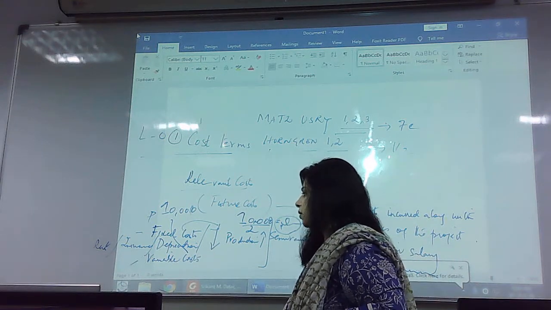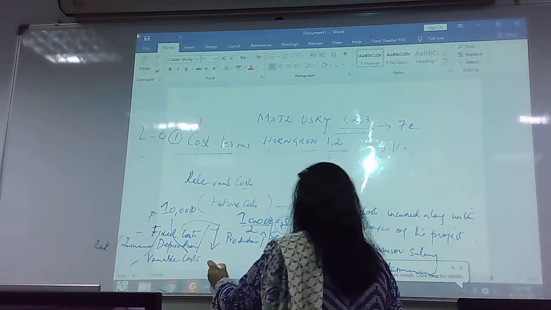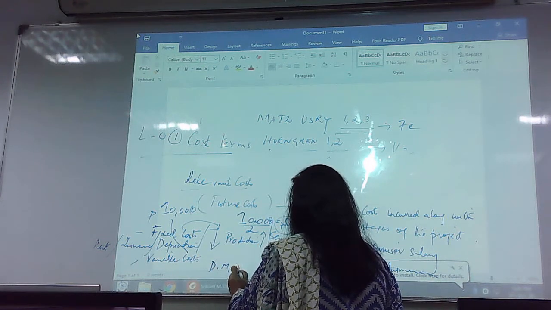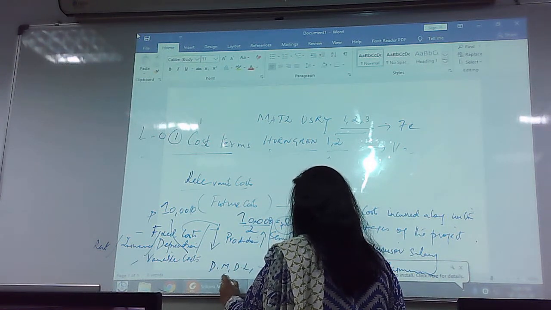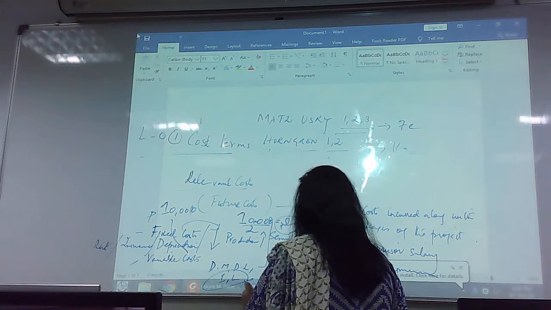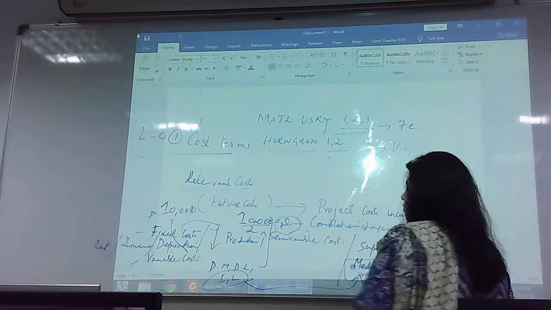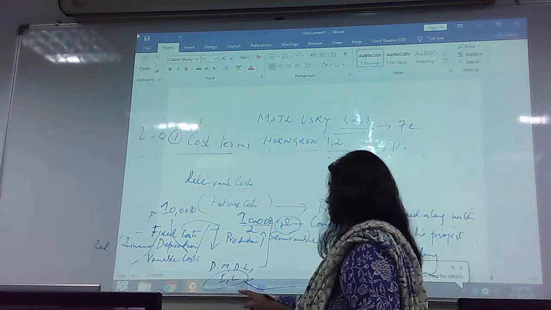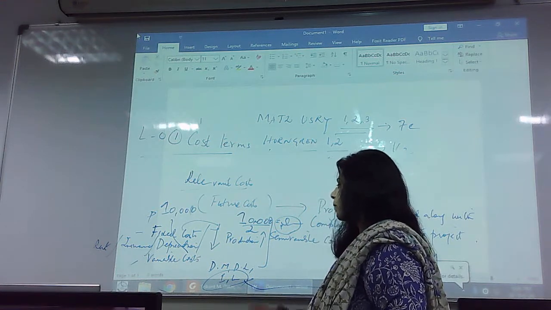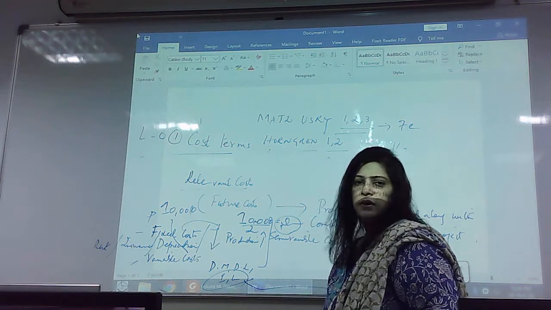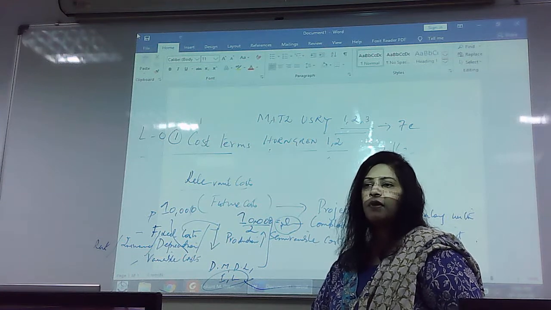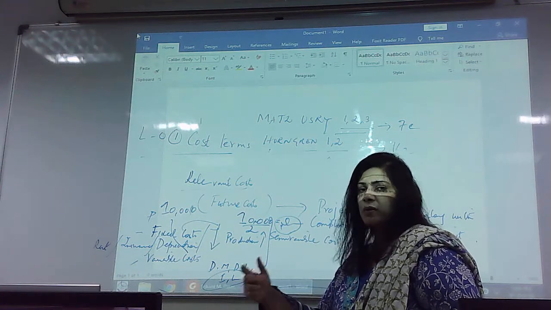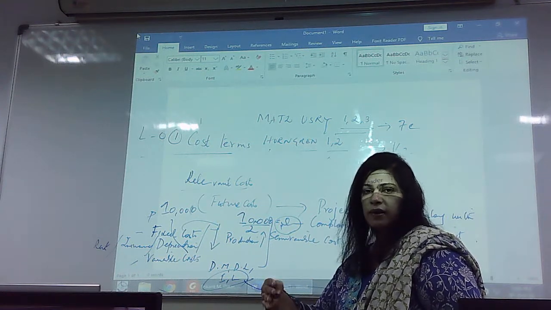There we have the variable costs, like direct material, direct labor, indirect labor. Indirect labor could also be a semi-variable cost, because this is tricky. If you pay wages for hourly work, that is a variable cost because it keeps varying with time.